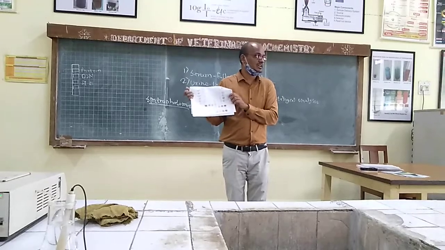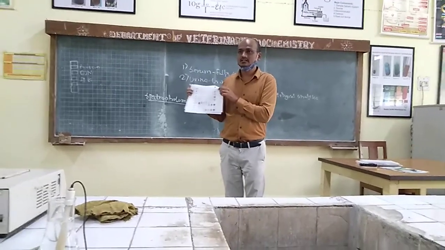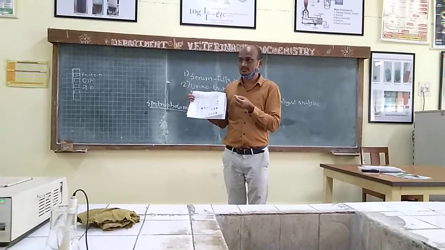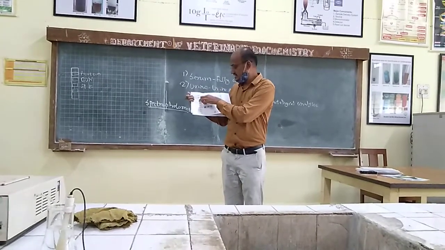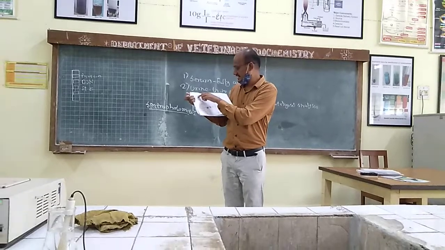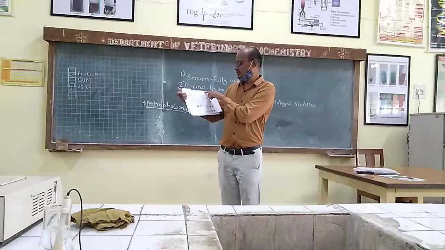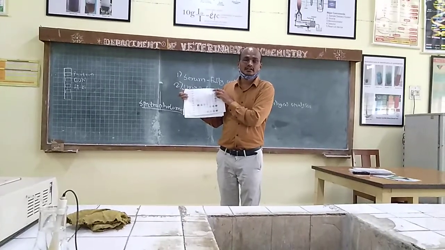Everybody is familiar with pH measurement, right? How to measure the pH: different colors will be there, and you compare with the pH color chart. In the same way, for leukocyte you compare the color. If it is moderate, you say it is a positive test. Leukocyte is present and it is in moderate concentration.